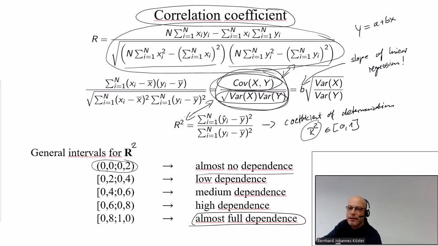Where you can interpret an R squared of 0.9, 0.95, well, I can really rely on this dependence. But as I said, it really depends what you are asking for.